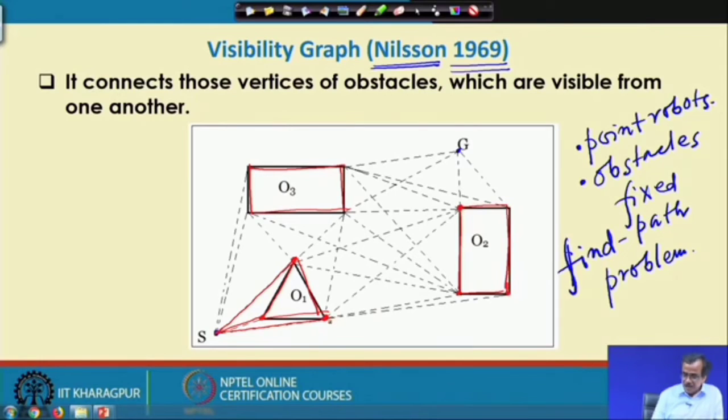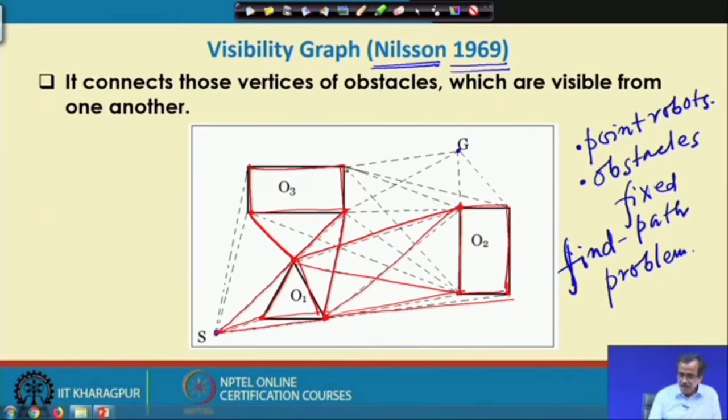So, the visible vertices you connect by straight lines, and similarly from here. This vertex is also visible, but this is not visible, this is also not visible. Now, from here this vertex is visible, and this vertex is also visible. Similarly, from here this is also visible, this is also visible, but this is not visible, this is also not visible, this is also not visible.